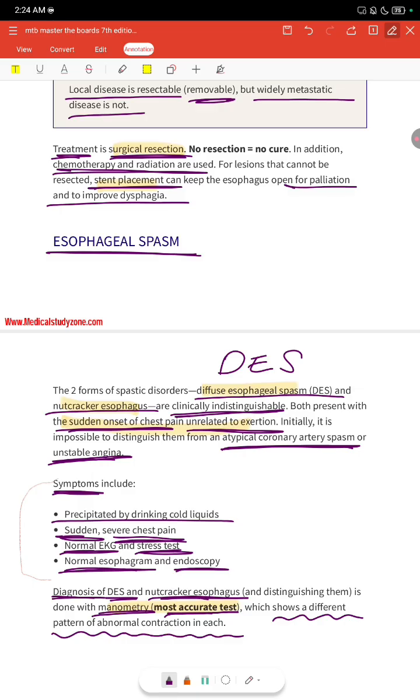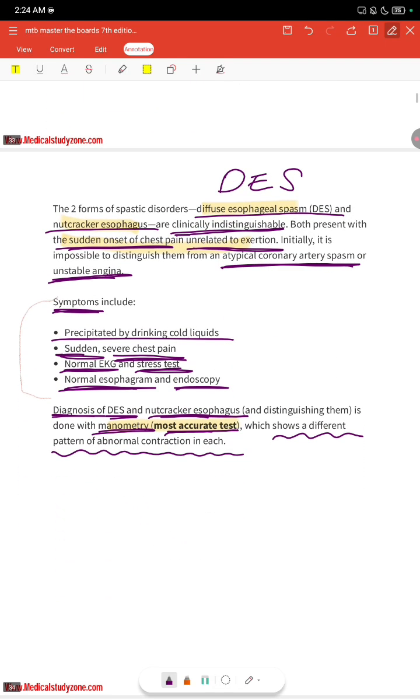Once again, there are two forms of spastic disorders as far as esophageal spasm is concerned: diffuse esophageal spasm, DES, and nutcracker esophagus. Clinically both of them are indistinguishable from one another, and both present with sudden onset of chest pain unrelated to exertion.